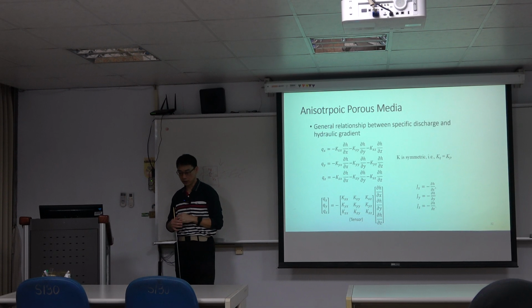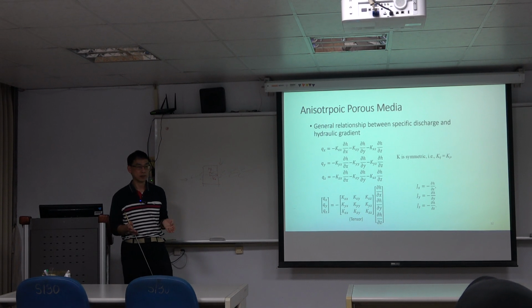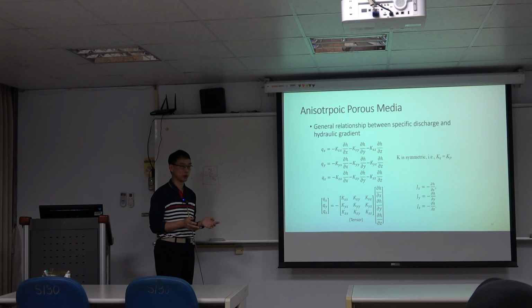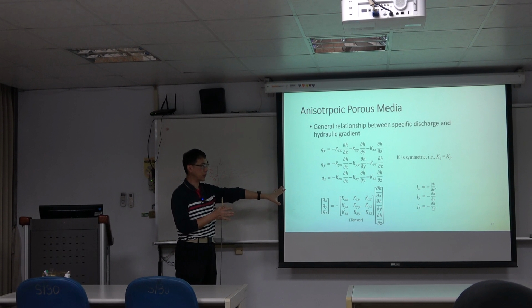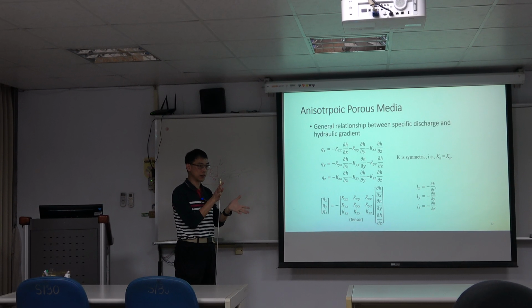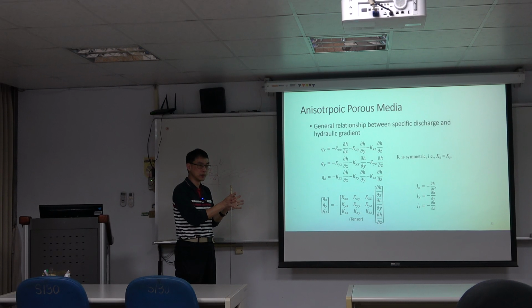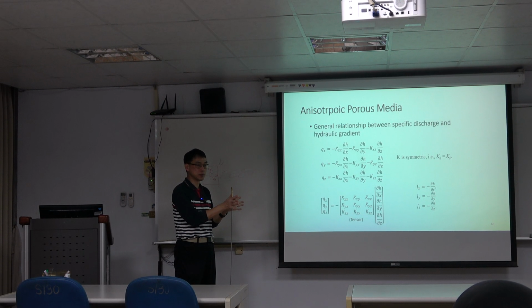So what we talked about in the previous case, Kx, Ky, Kz, becomes what we call the principal direction. The principal direction is that when we have this kind of tensor system, we can rotate our coordinate system, and you will be able to find a specific system where you only have Kx, Ky, and Kz. Then we call those directions the principal directions, okay?